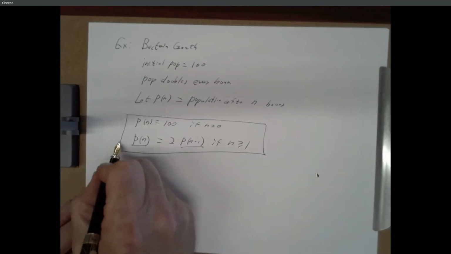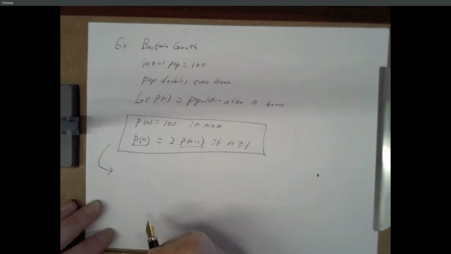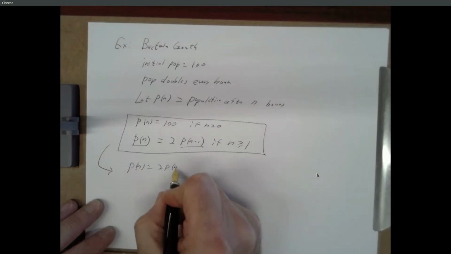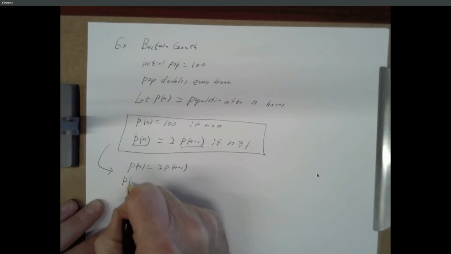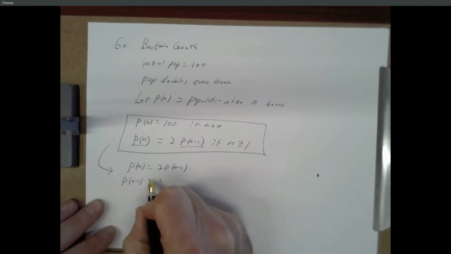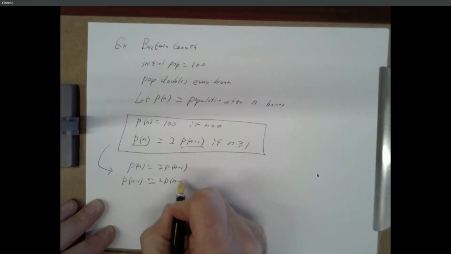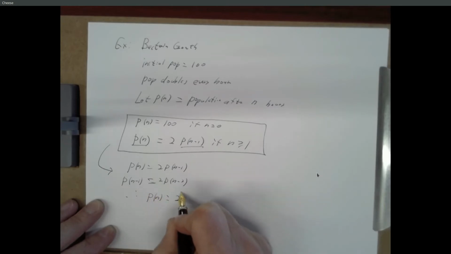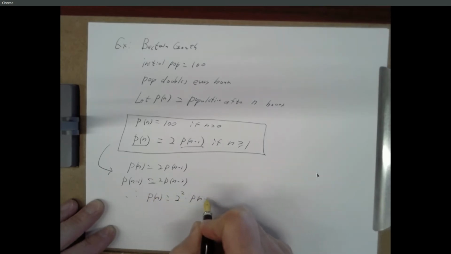But we can be a little more clever and note that P of n equals twice P of n minus 1, and P of n minus 1 equals twice P of n minus 2, therefore P of n equals 2 squared P of n minus 2.